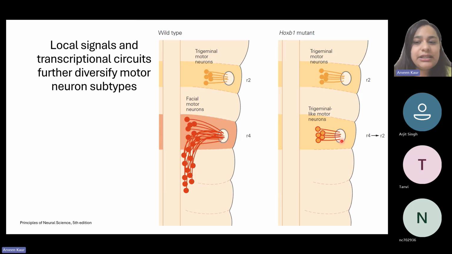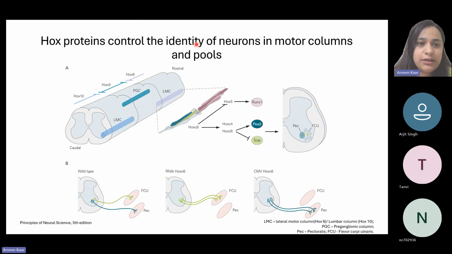So this basically tells us that local signaling through these Hox genes is also very important for the proper patterning of motor neurons, and for proper differentiation according to which part of the body they want to innervate. So this is another summarization of the similar principle.